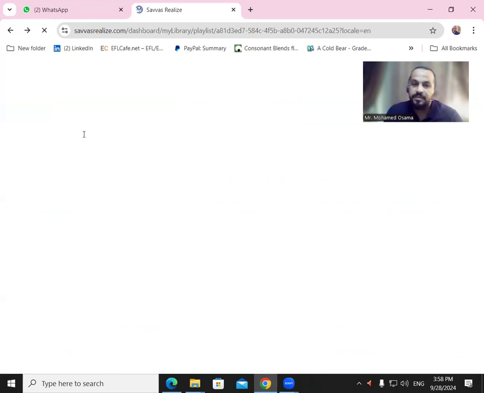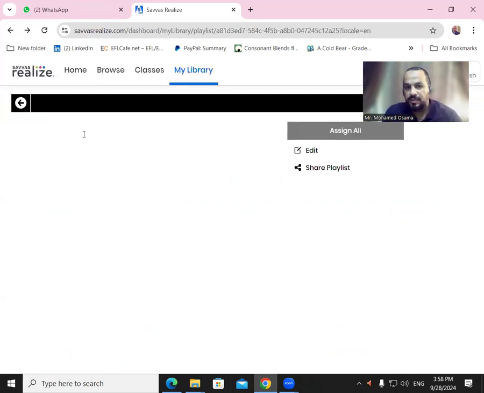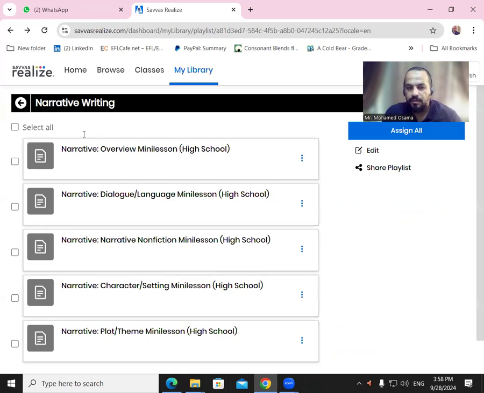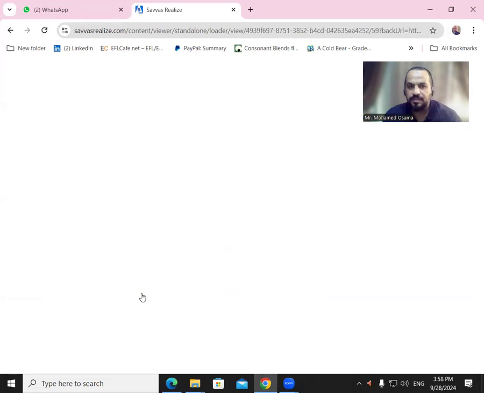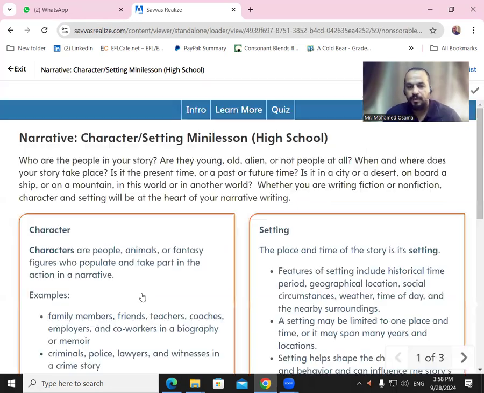The characters and the setting are the tools or main points that the author uses to craft his story. Let's talk about the characters and the setting, or in other words, the story exposition.